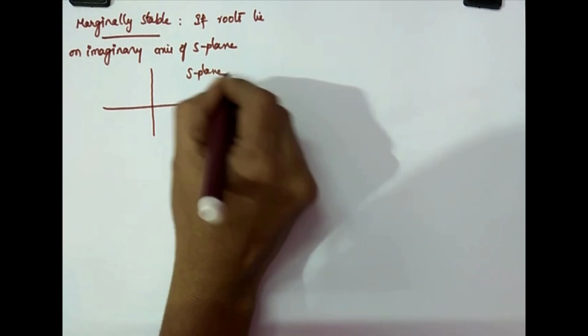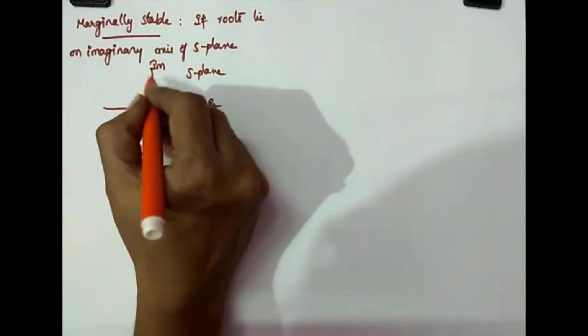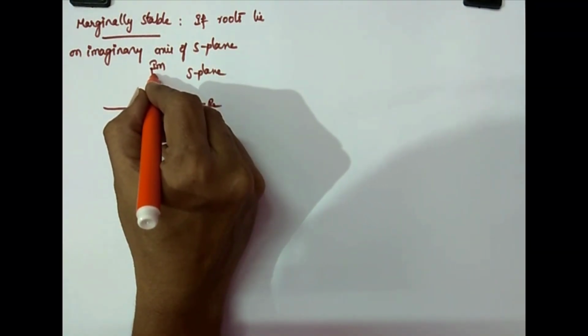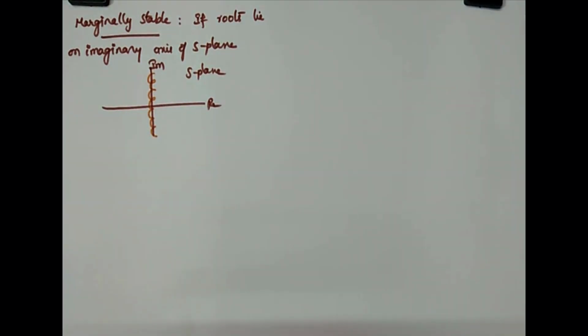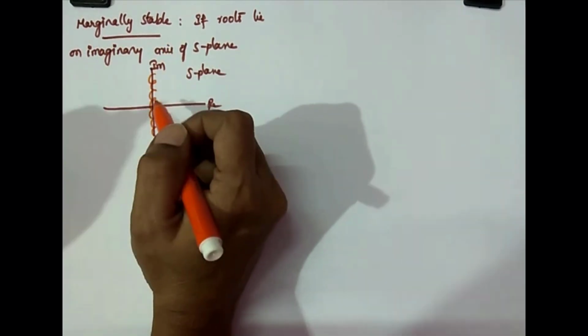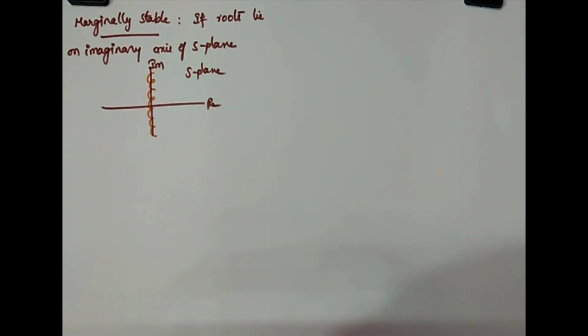In the S-plane, with the real axis and imaginary axis, if the roots lie on the imaginary axis, that system is said to be marginally stable. So this is about the different stability concepts of your control system.